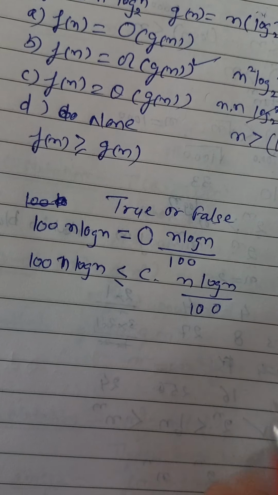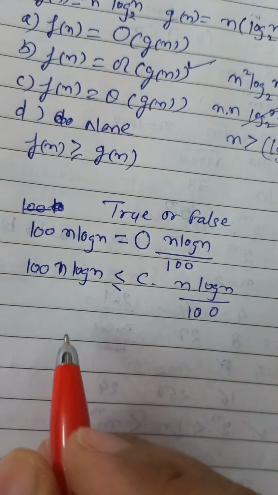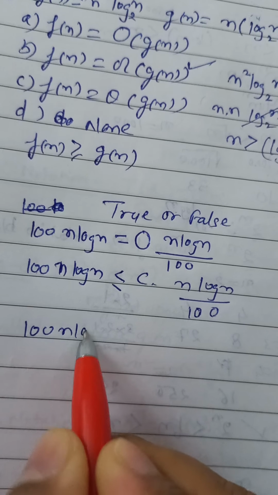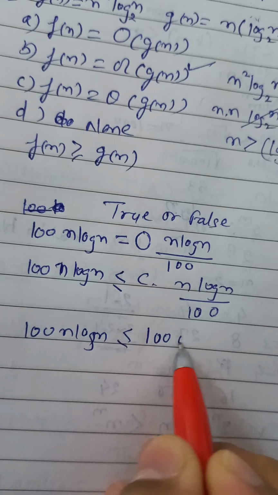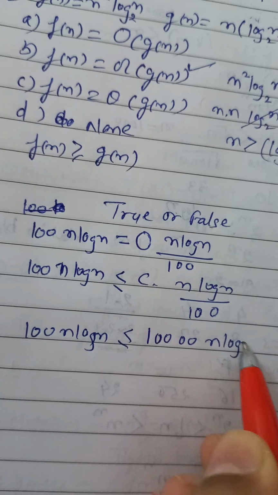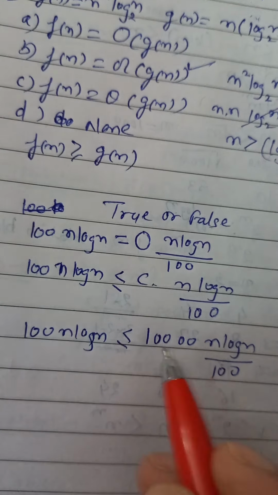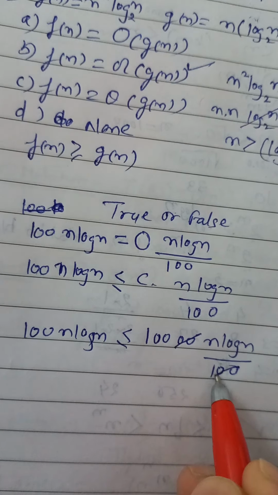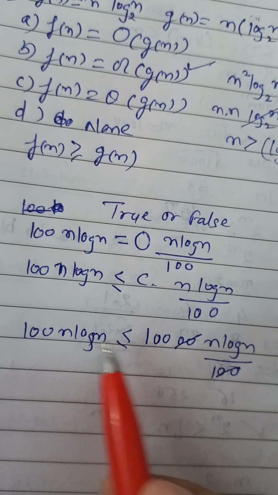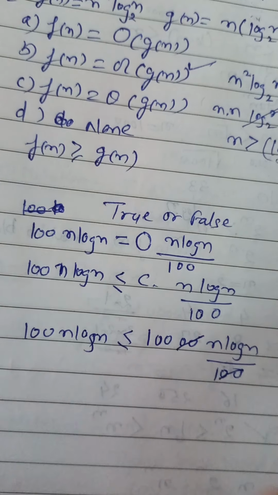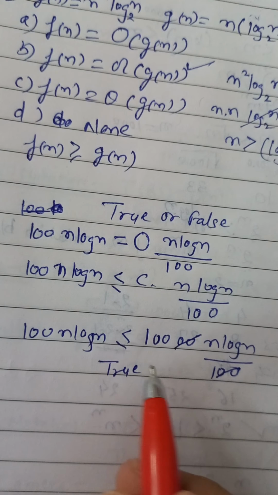So what we can do is choose the C value. Suppose we choose C value 10,000, so we can cancel this by this, and this proves that 100 n log n equals 100 n log n. So this is true. Now what is left?